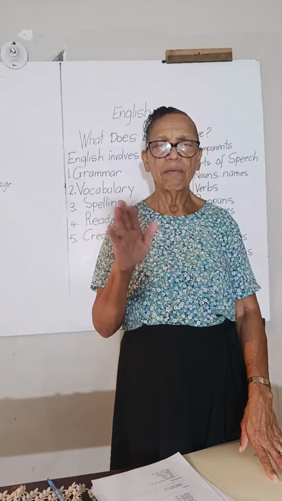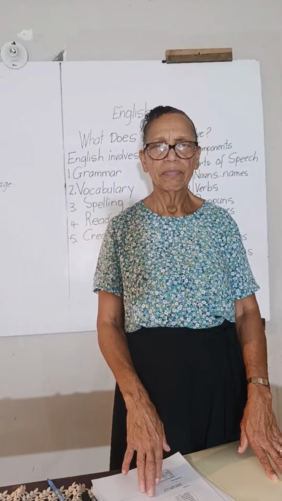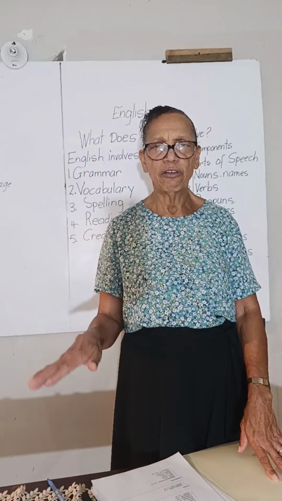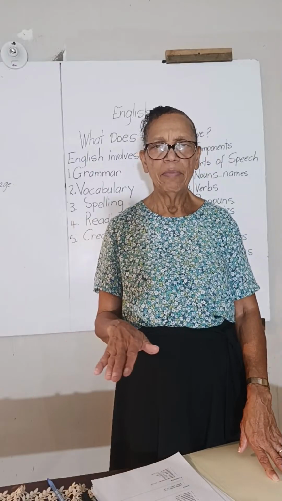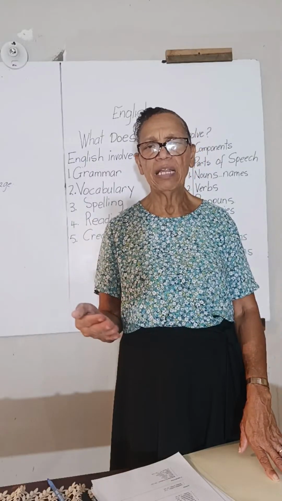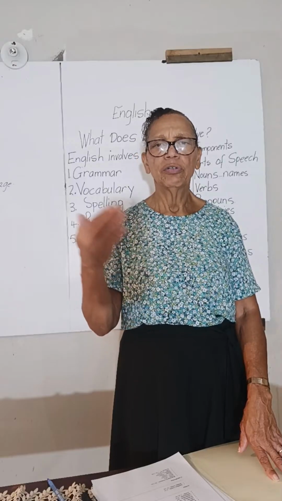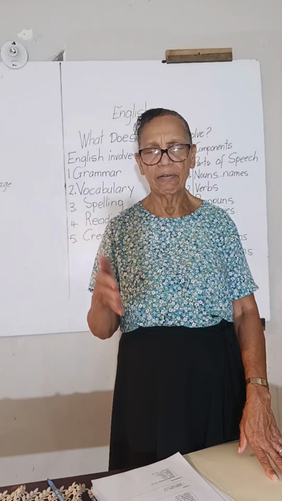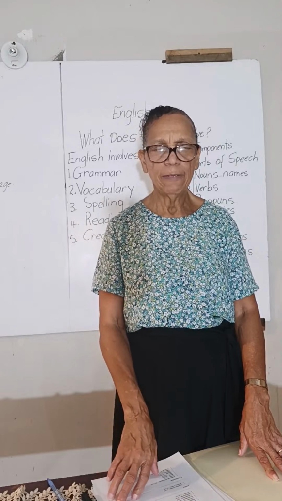Jane is my friend. I am a girl. So these are linking verbs. They link the subject to the object. They just link. So let's go over it again.